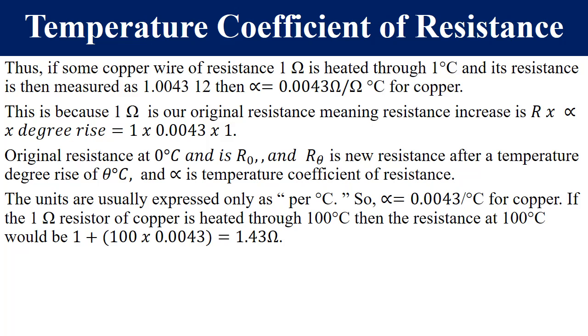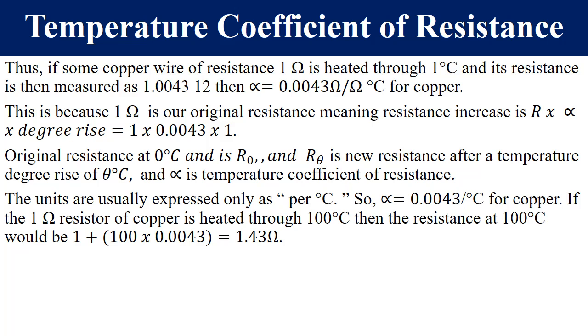If a 1 ohm resistor of copper is heated through 100 degrees Celsius, then the resistance at 100 degrees Celsius is going to be 1 plus the rise in temperature, 100 degrees Celsius, times the temperature coefficient of resistance, which is 0.0043. We find the new resistance of the copper material and it is 1.43 ohm.